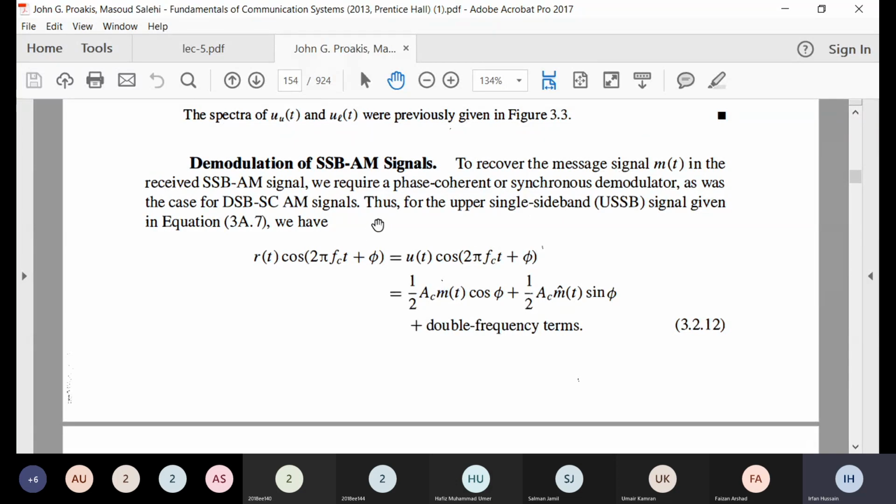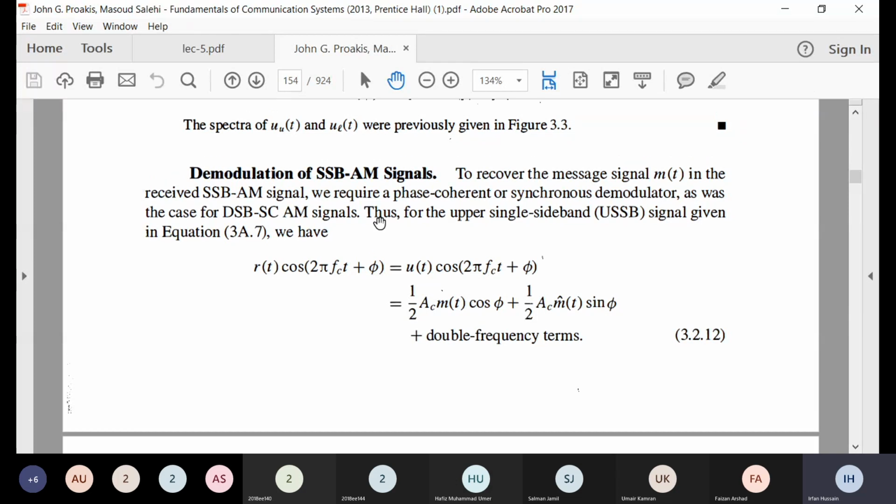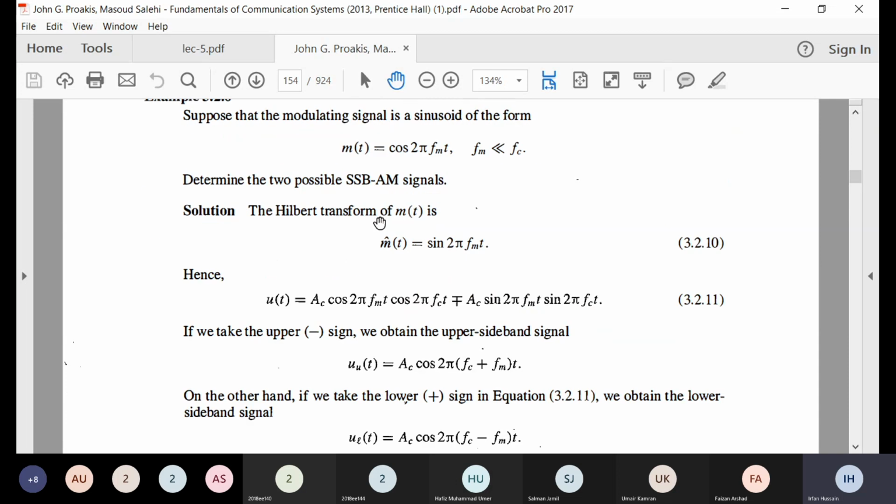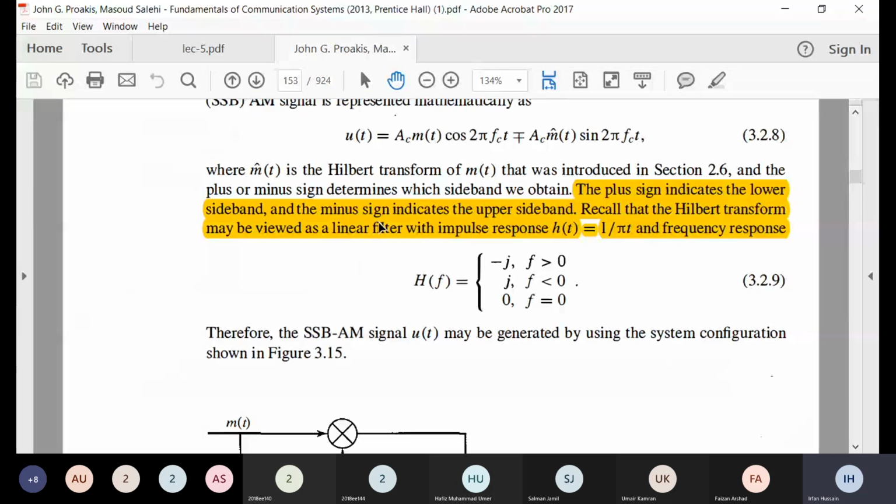So let us assume that the signal that was sent was a single sideband, the upper sideband. The single sideband signal was given by an equation we saw earlier, where the negative sign gives us the upper sideband and the positive sign gives us the lower sideband. So we assume that the upper has been sent.